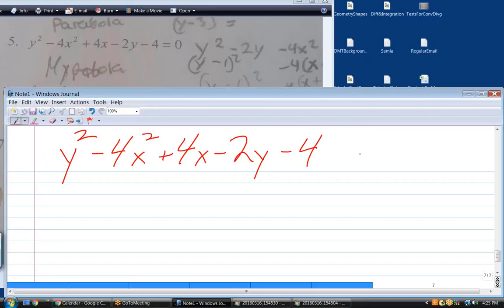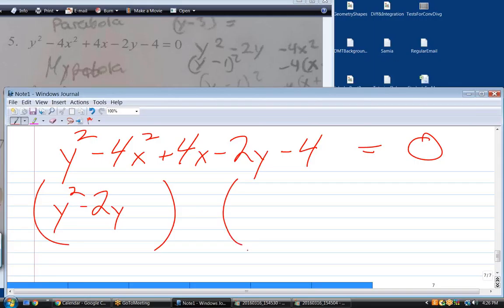Okay, so let's separate this, getting it ready to complete the square. What do I have? y squared minus 2y. And then the negative sign. And then 4x squared. Yeah, let's do it step by step.